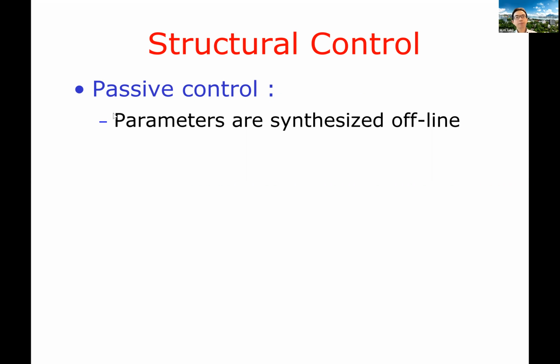So the first one, passive. The passive control is the simplest one. For this, in general, if you are talking about the MCK, remember we have a single degree of freedom and later multiple degree of freedom systems. And then we can derive the equation of motion, and I showed you already.